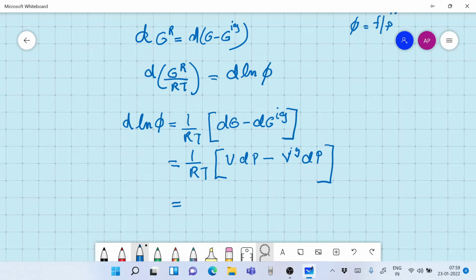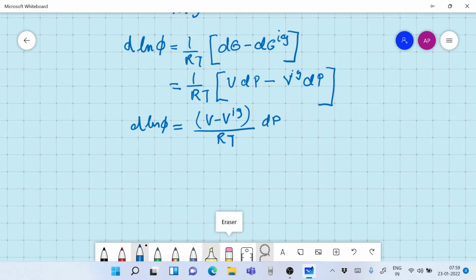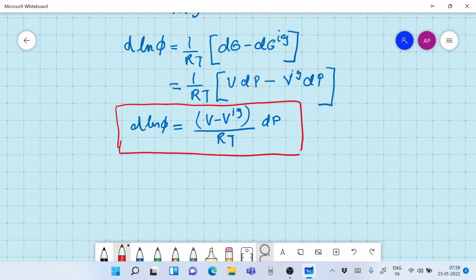So this is V minus V ideal gas over RT dP is d ln phi. So this is the starting point of our expression for calculation of fugacity.